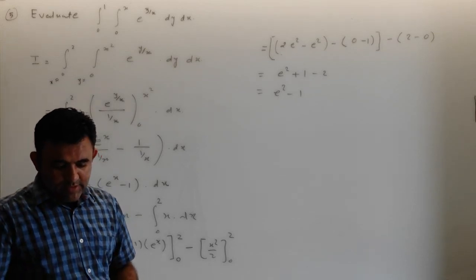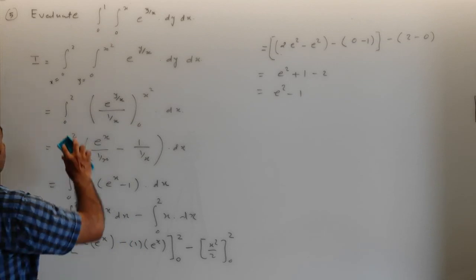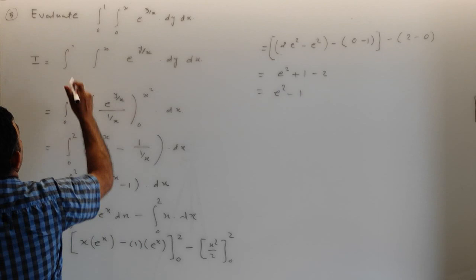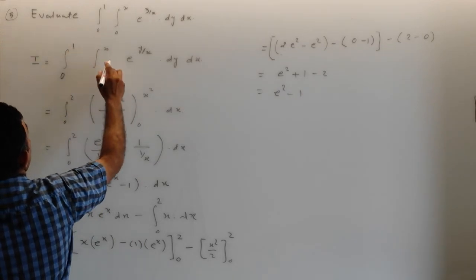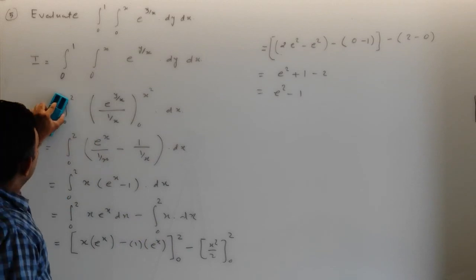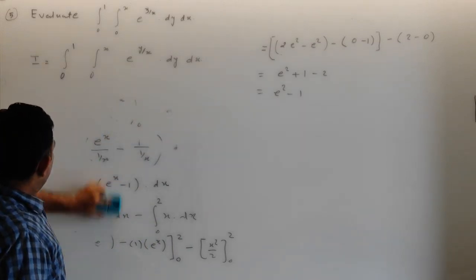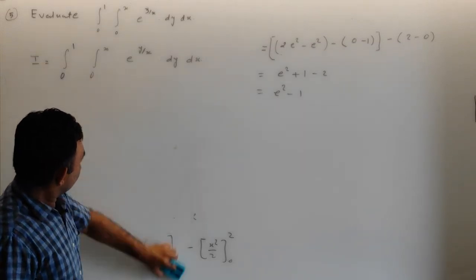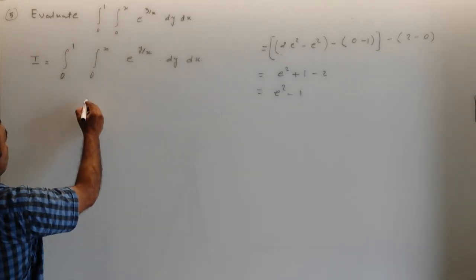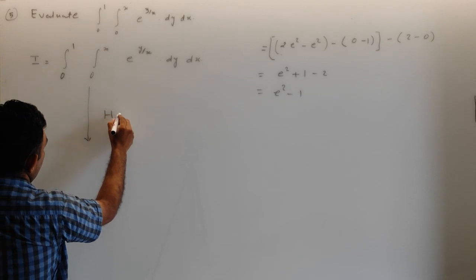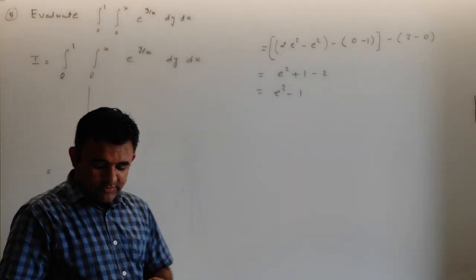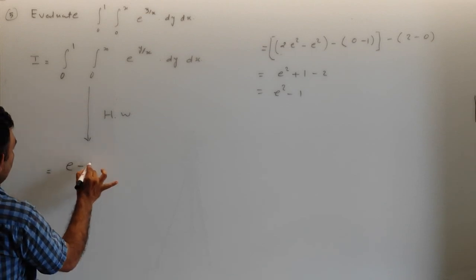Yes, e raised to y by x, that's fine. So this is a similar example, there is no more change, 0 to x and 0 to e raised to y dy dx. So you try this example in the homework. Then just for your verification, the answer will be e minus 1 by 2.